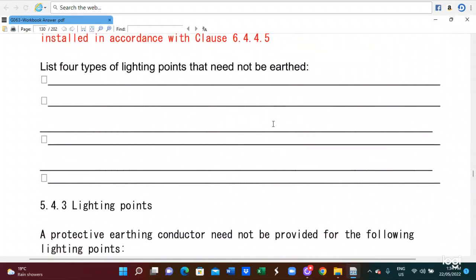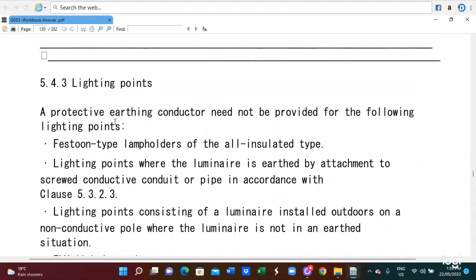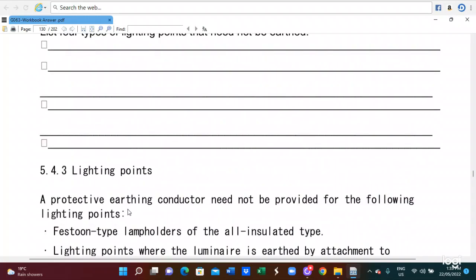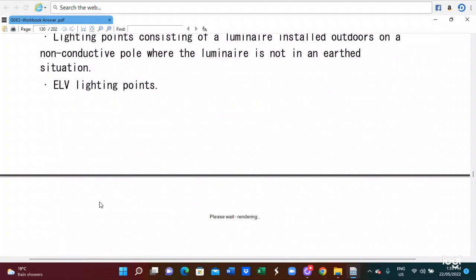So these types of lighting point shall not be earthed: festoon lighting point, or where the luminaire is supported by attachment to a screw-connected conduit. In this case, the earthing is not needed, and also the ELB for the lighting point we don't need as a protected earthing system.